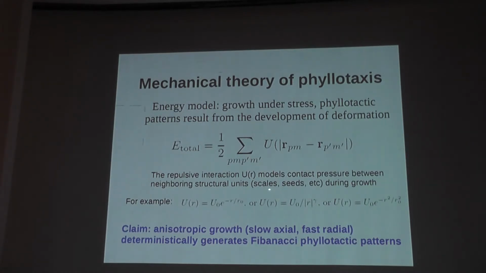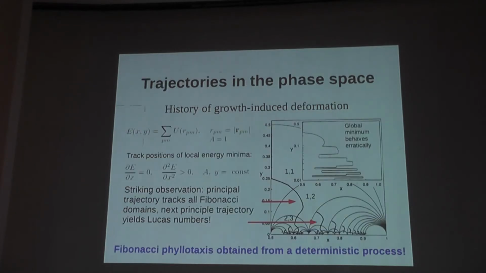And so it was anisotropic growth, or if you forget about the overall scaling factor, you can just say let's take the lattice on the cylinder and squeeze it along the cylinder axis. It turns out that's a fairly simple problem that one can analyze, and show that if you play this game, then you generate Fibonacci numbers, structures with Fibonacci numbers. So basically, what I'm talking about is a history of a lattice deformation induced by growth, or if you like, induced by stress.